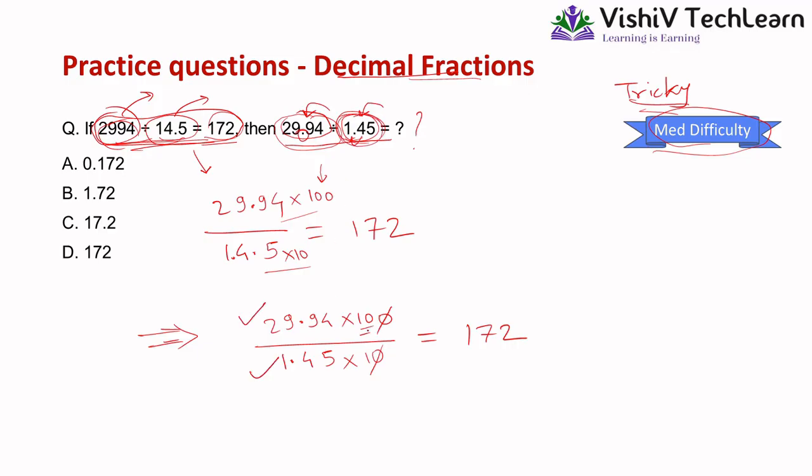Only this 10 is extra, we can send this to the other side, so it will be 29.94 divided by 1.45 is equal to 172 upon 10. So 172 upon 10 will be 17.2, correct? So the final answer 17.2 is correct.